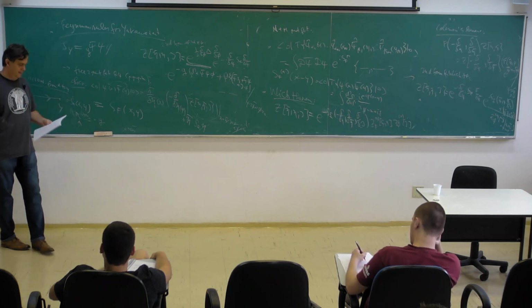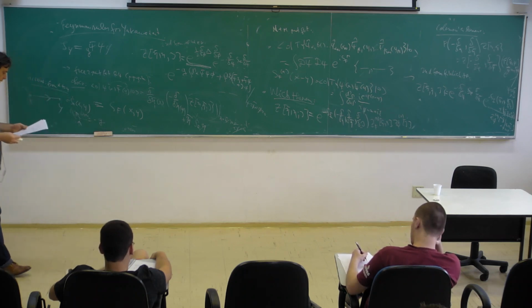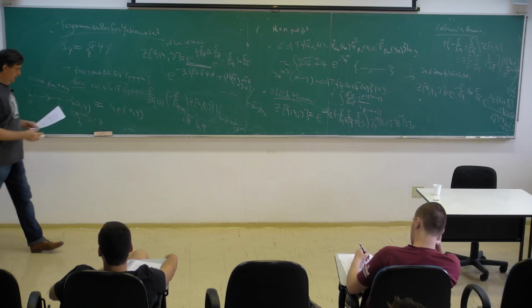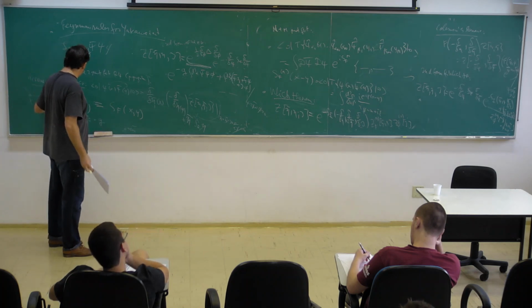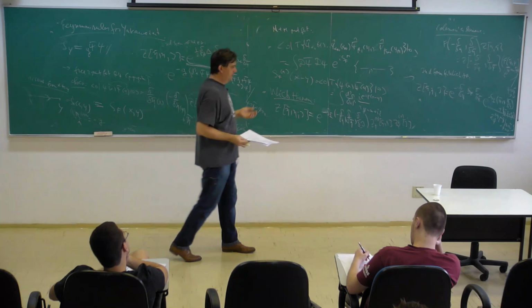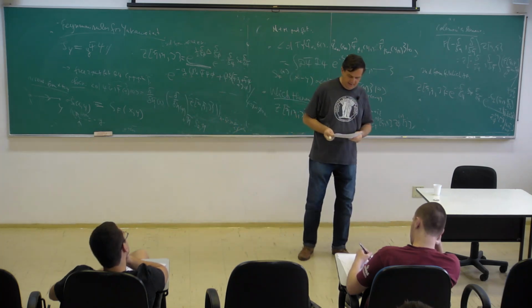So this is the Feynman rule for the vertex. Okay, so we have a Feynman rule for the propagator, for the vertex. What else? I mean, for bosons we wouldn't have anything else.